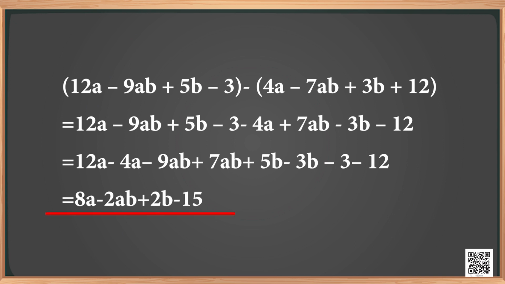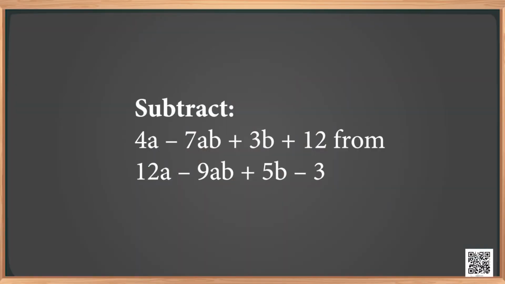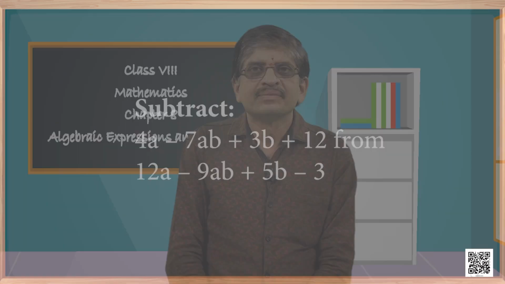Did you observe that in both the methods we got the same result? You now try to solve the following problem on your own. Subtract 4a minus 7ab plus 3b plus 12 from 12a minus 9ab plus 5b minus 3.